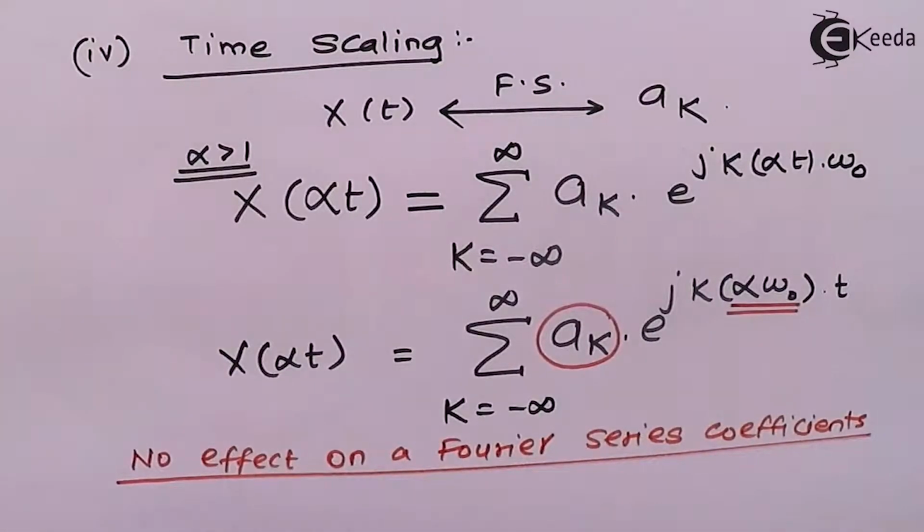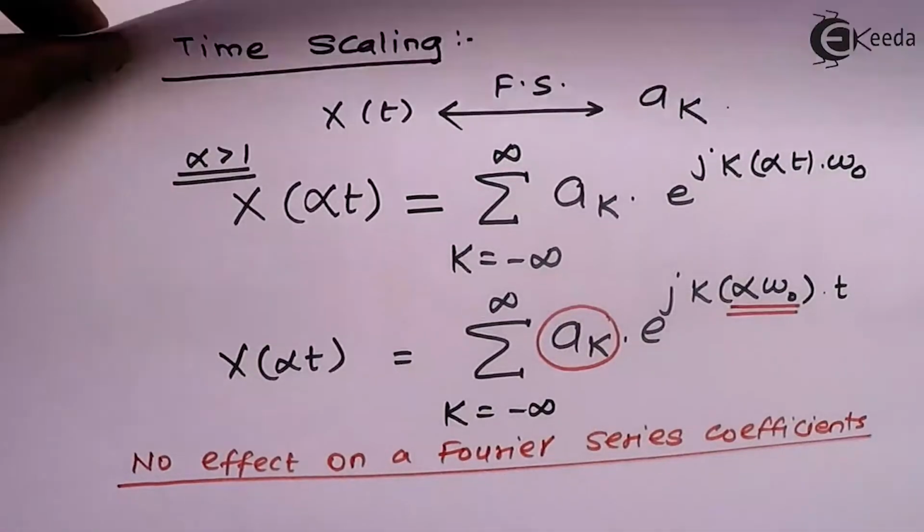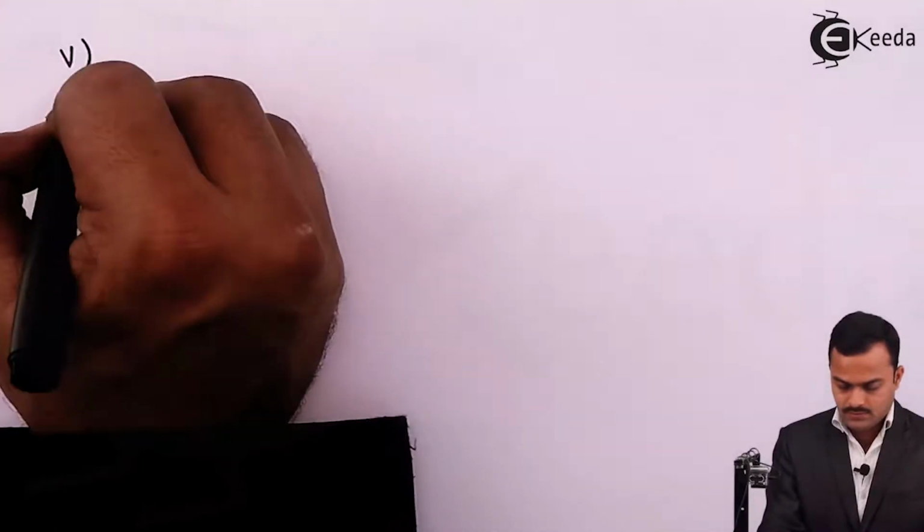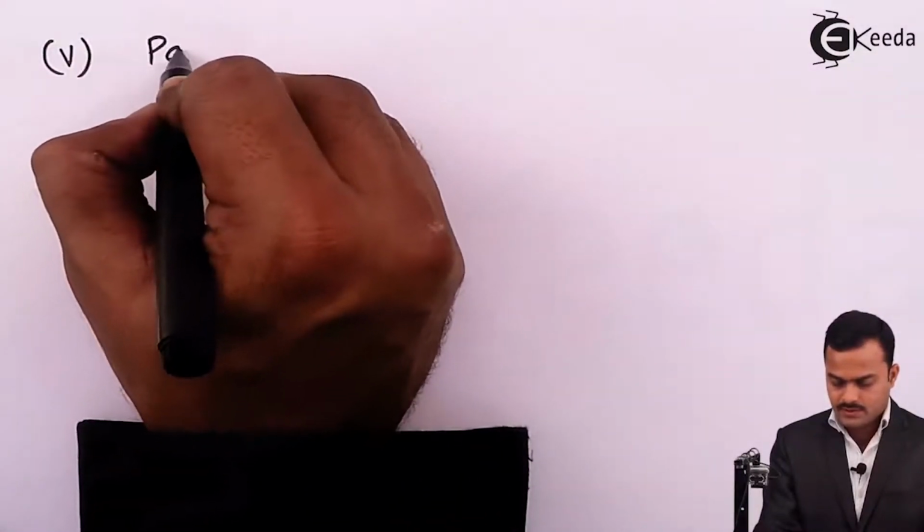Let's go to the next property. Rather, we should say it's a relationship, and we call that the Parseval relationship.